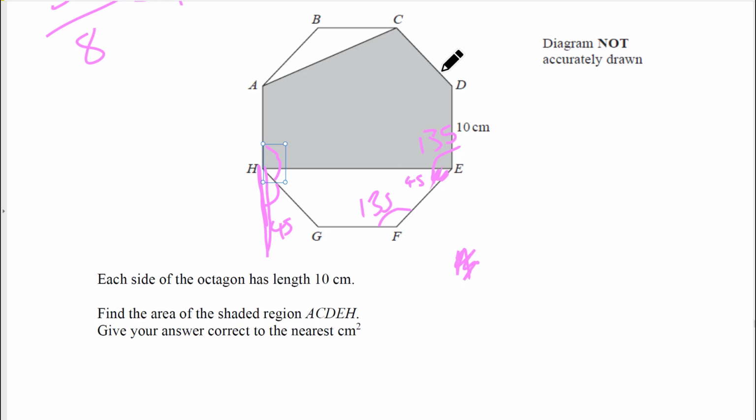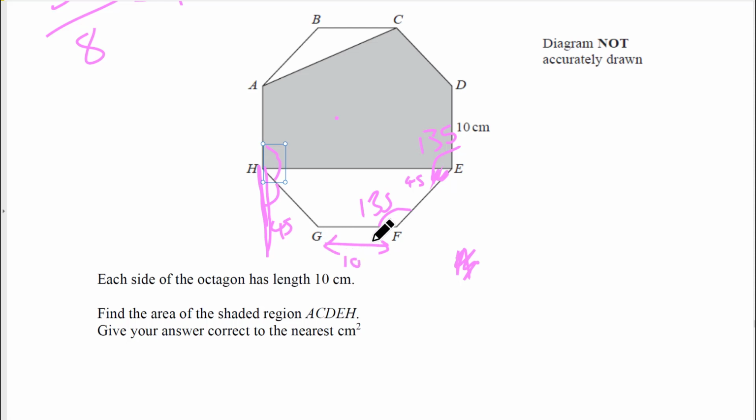Work out the area of the shaded region. Right, so we need to somehow split this up into things that we can measure. There's more than one way to do this, but I'm going to try and do it with a method that you know. So here is 10.